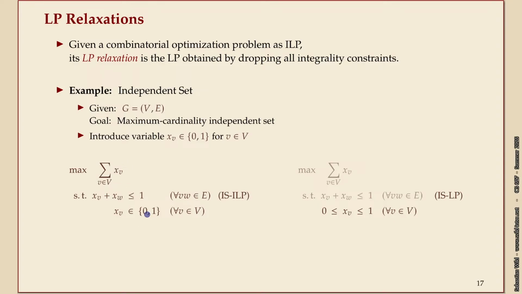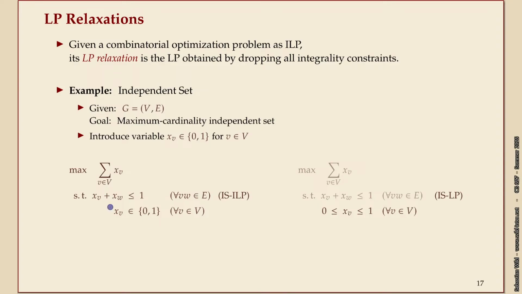The variables are between 0 and 1, they are 0 or 1. And then the constraints are, for every edge, we can include at most one of its endpoints. And that we can write as the sum of the endpoint variables has to be at most 1. Now, because they're either 0 or 1, this is essentially a way to express the Boolean or.